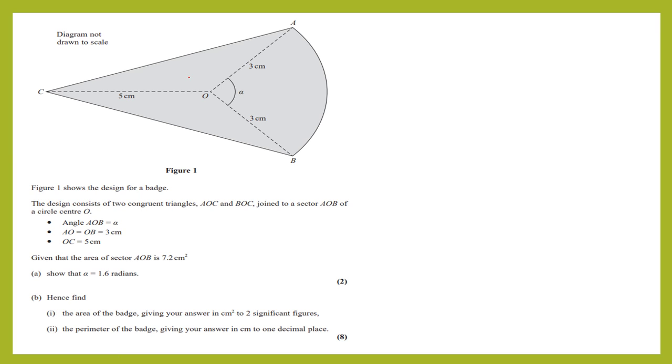We have to find in part A, show that alpha equals 1.6 radians, and we have the area of this sector AOB, the area of this sector is 7.2 centimeters squared. So in part A, I'm working on the area of the sector, which is half r squared theta. So the area is already given as 7.2 equals half r squared. R is 3, so it's 3 squared multiplied by theta, which is alpha.